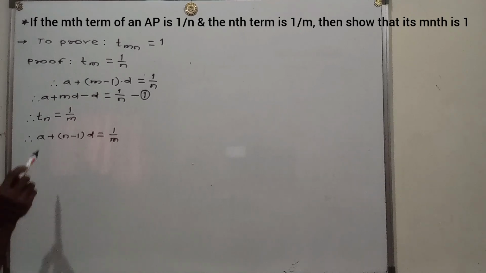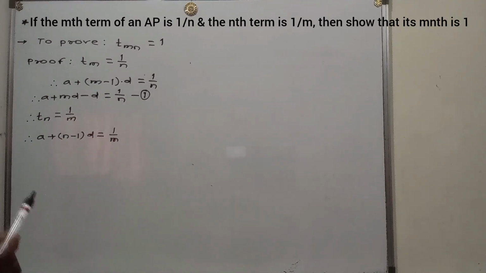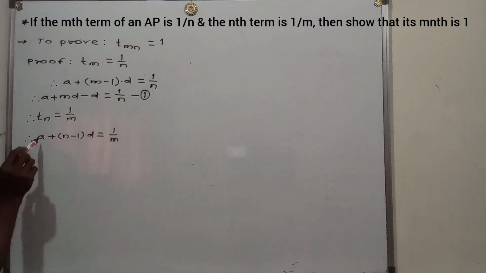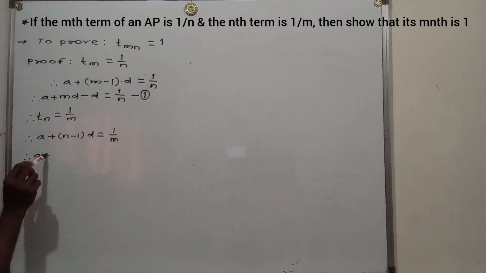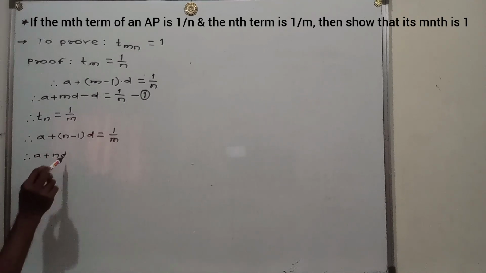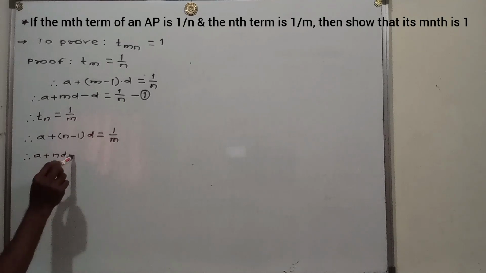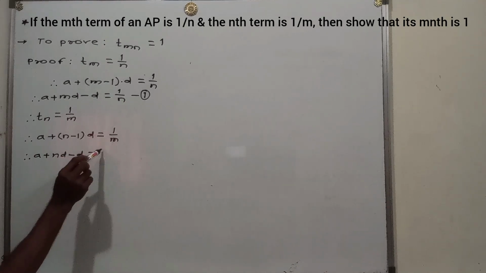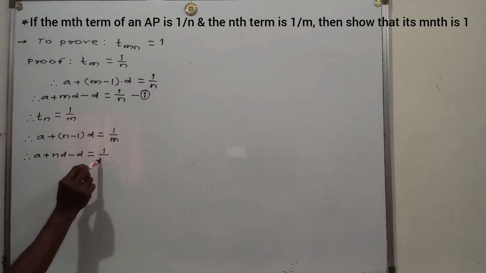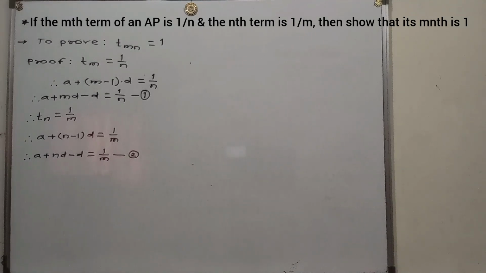Write according to the statement in this paper or in your textbook. We multiply the same way: a plus nd, then minus 1 into d is equal to 1 upon m. Equation number 2.